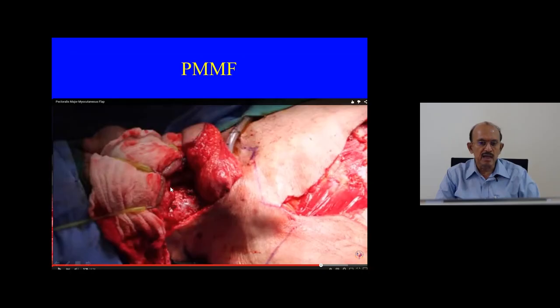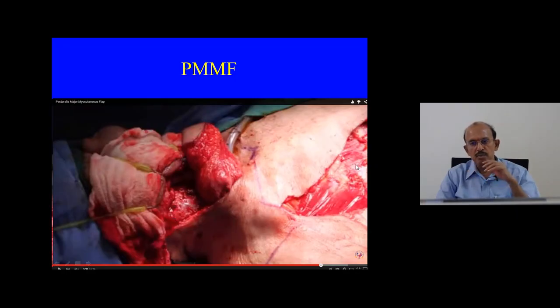For example, the patient had undergone hemimandibulectomy with block dissection of the neck for carcinoma of the cheek or carcinoma of the mandible. So you remove the mandible, you remove the cheek muscles, everything. So there is a big defect here.